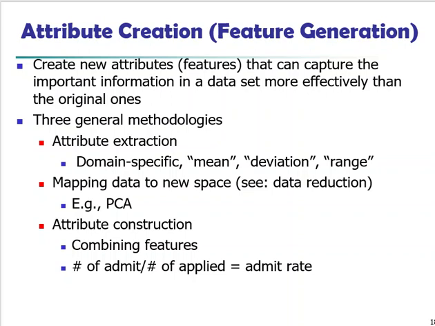The second approach is to map data to a new space. We already looked at one example, PCA. Earlier we had four attributes: petal width, length, and sepal width, length. And we can reduce it to 3, but we really map the data into this new space.